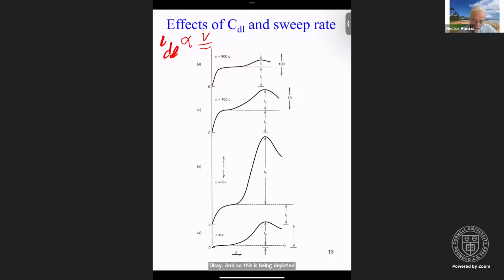So here we have a series of cyclic voltammetric profiles. So here is a unit of 1, as you can see here. So here the sweep rate is A. Okay. Now we go to 9A. And you say, that's a peculiar number. Why 9A?